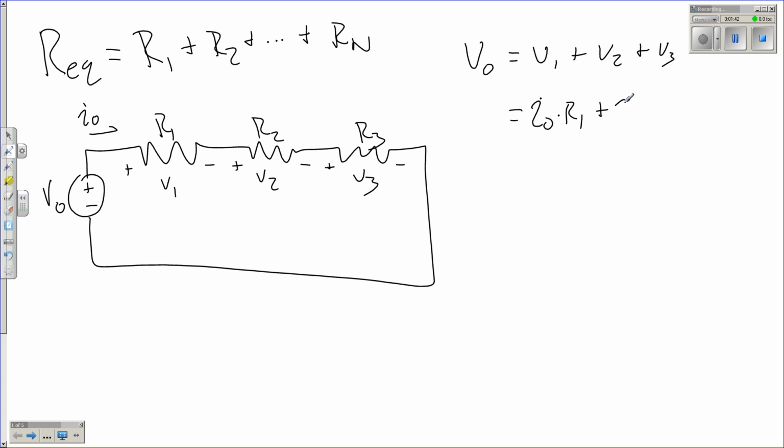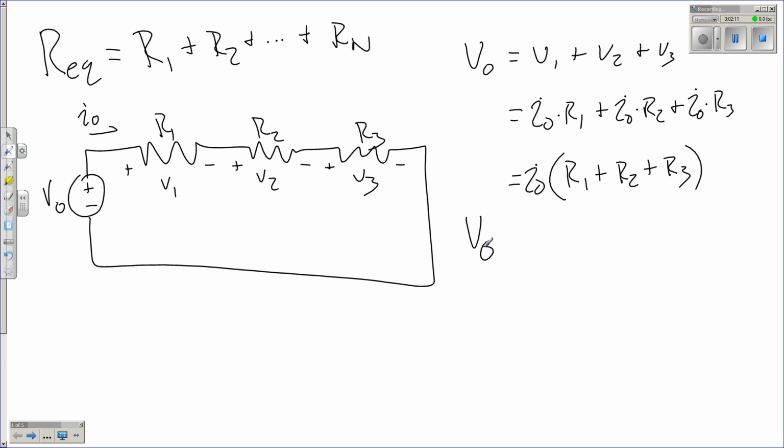V2 is going to be I0 times R2. And V3, I'm sure you've guessed already, I0 times R3. And all we've got to do is use algebra, factor out our current, and so we have R1 plus R2 plus R3.